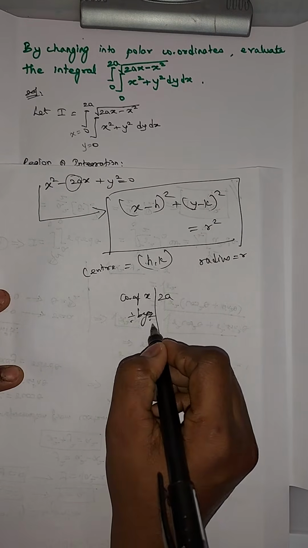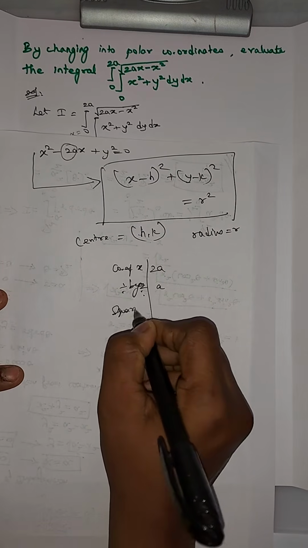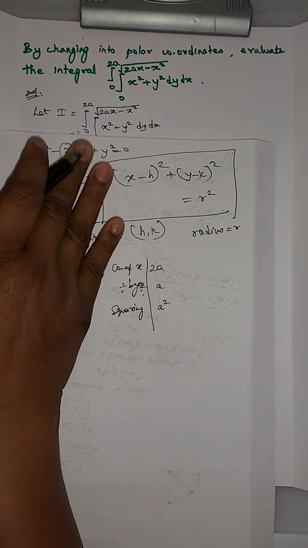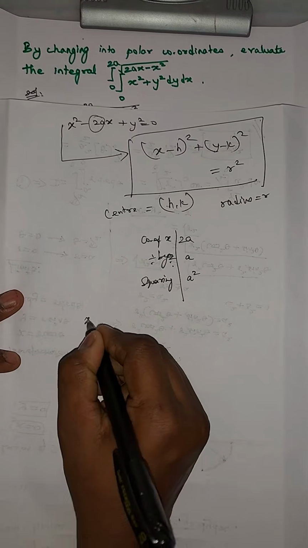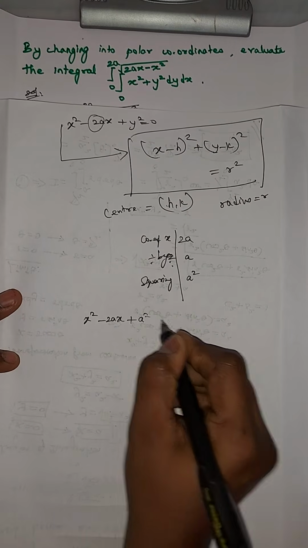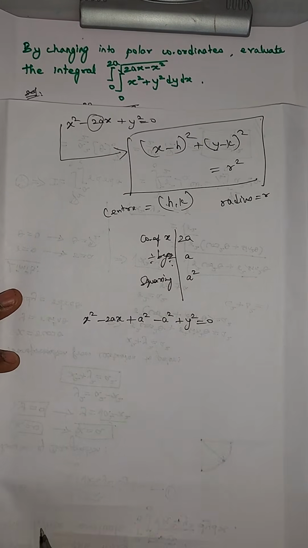When we divide it by 2, it is just a. Squaring it, we get a square. Now adding and subtracting that a square to this equation, that is x square minus 2ax plus a square minus a square plus y square is equal to 0.